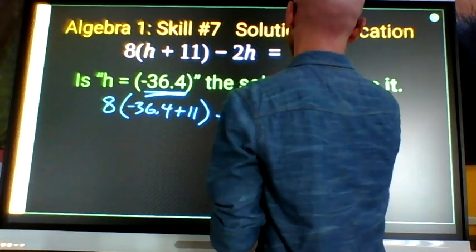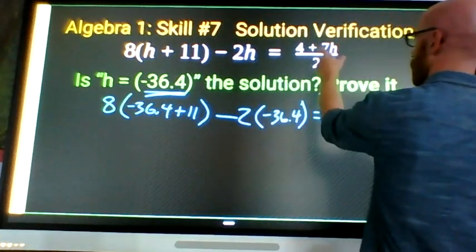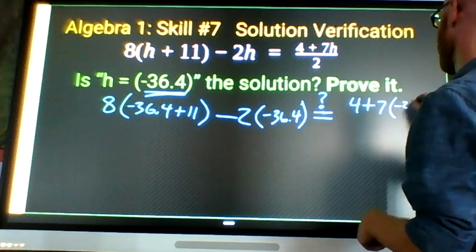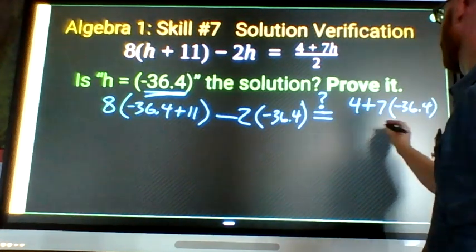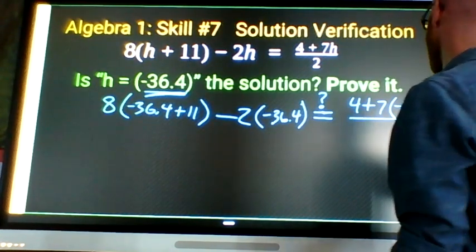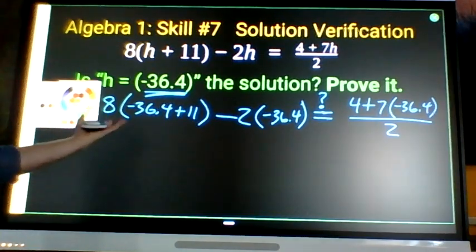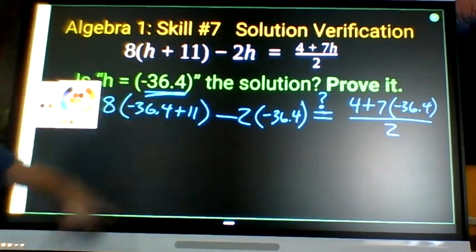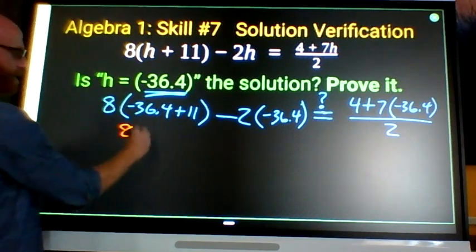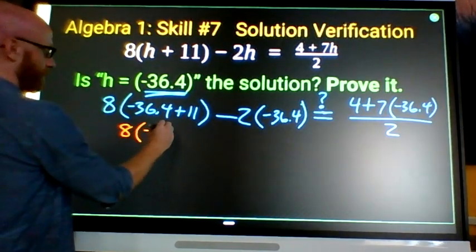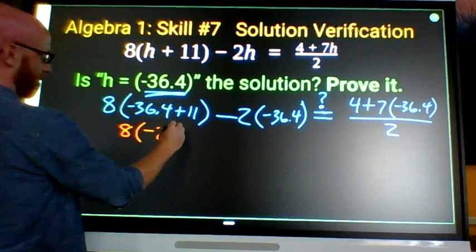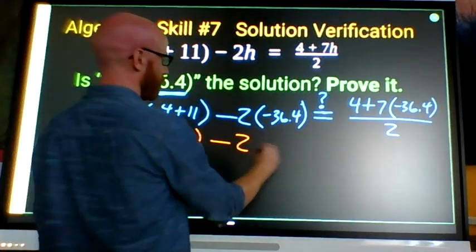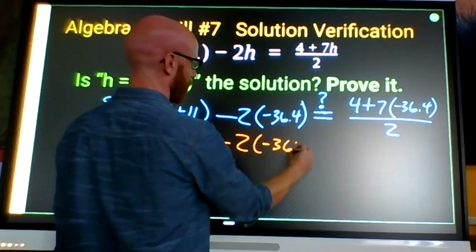Does that equal, question mark, 4 plus 7 times negative 36.4, all of that over 2. I'm going to simplify on the left-hand side, so we're going to handle what's in parentheses. 8 times negative 36.4 minus 2 times negative 36.4.